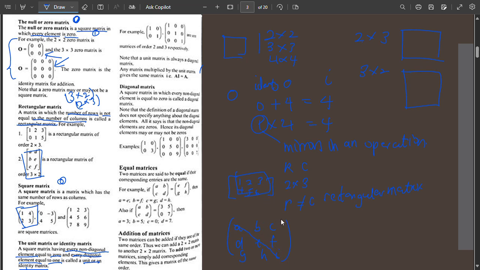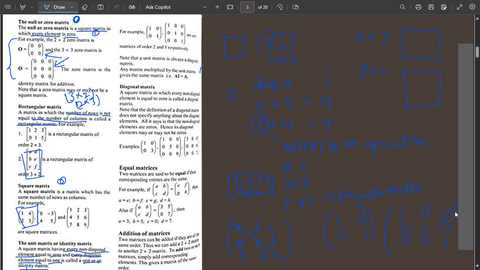So when we want to know whether a matrix is a unit matrix, it will have zeros everywhere except the leading or the diagonal elements. An example for a 2 by 2 will be 1 on the diagonal, then zeros everywhere. For 3 by 3 it will be 1 1 1, then zeros everywhere.